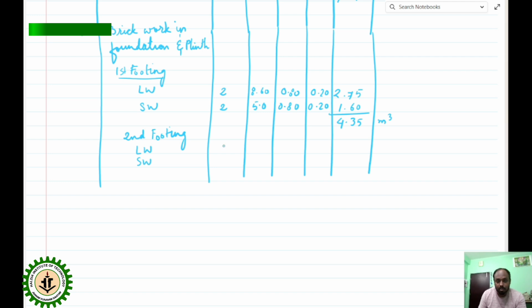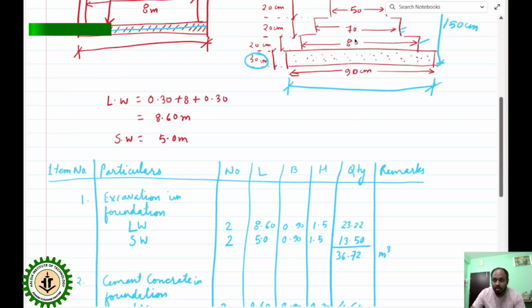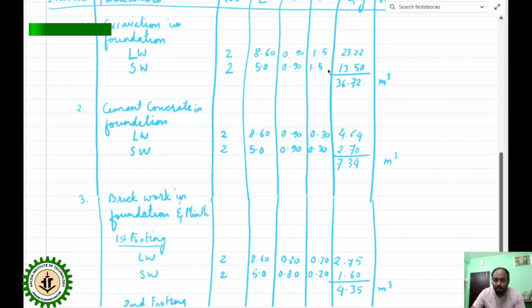Similarly, for second footing, long wall, short wall, same process, 8.60, 5.0. You will see in the drawing 70 and 20.